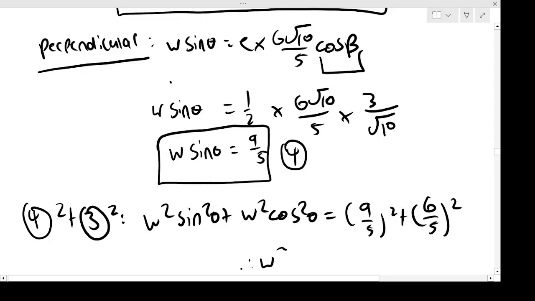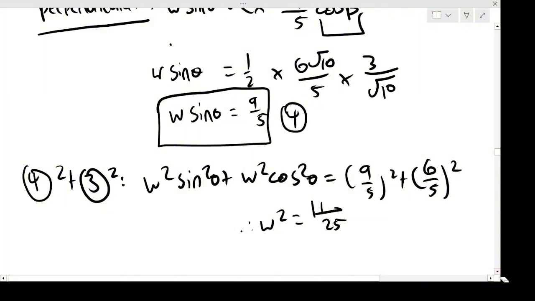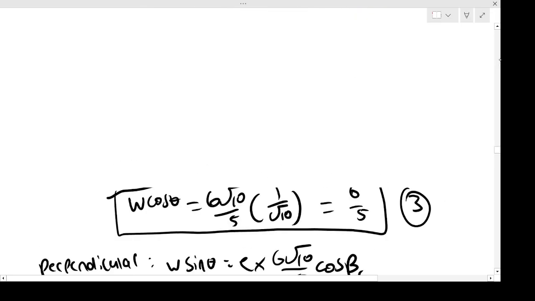Therefore W squared, because remember sine squared and cos squared add to 1 if we factor that out, and simplifying the fractions on the right, I get 117/25. Therefore, if I root that, I get 3 root 13 over 5, and that is my speed W there. Okay, and there we are.